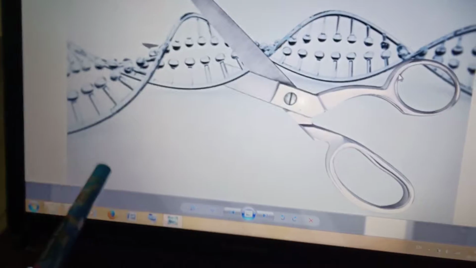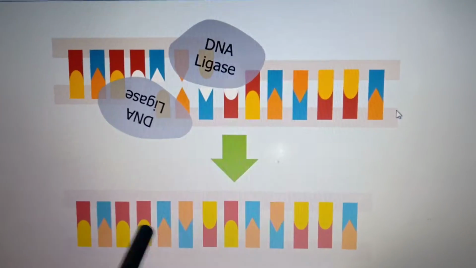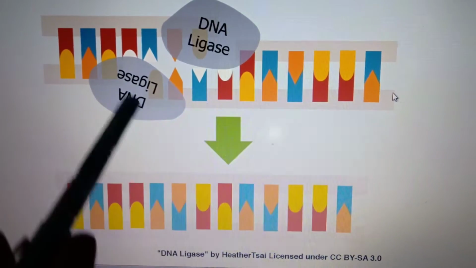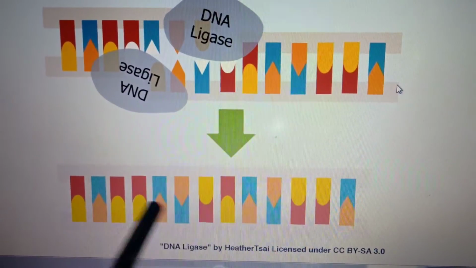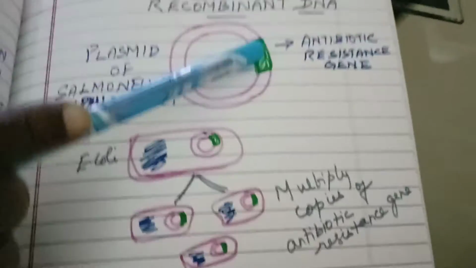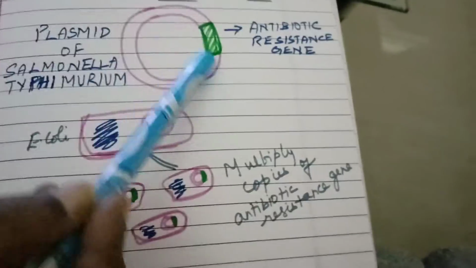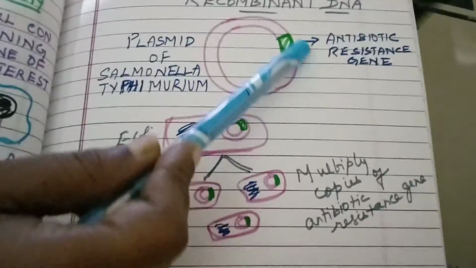How is it joined? With one more enzyme, known as DNA ligase. With the help of the DNA ligase enzyme, the cut ends are joined. This is a diagram for you to understand how the ends cut by the molecular scissors are joined in the plasmid by the enzyme DNA ligase.